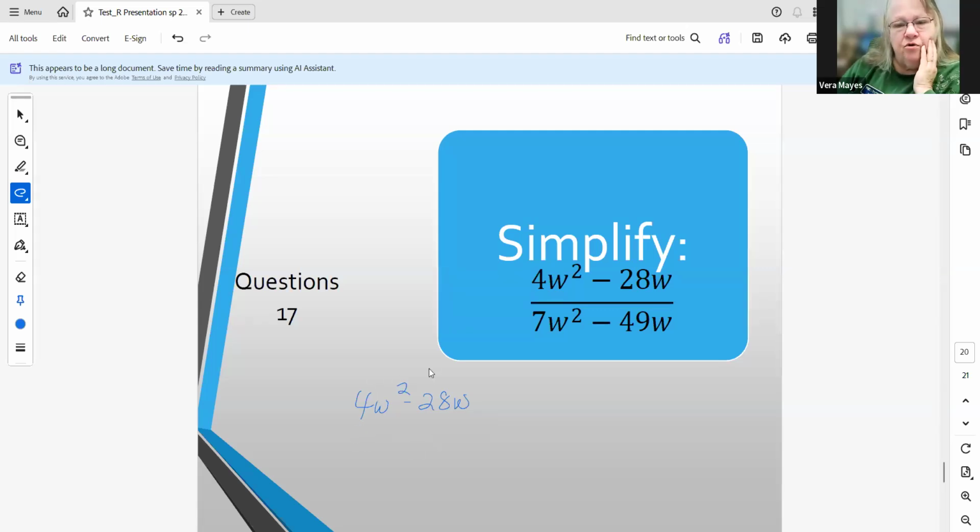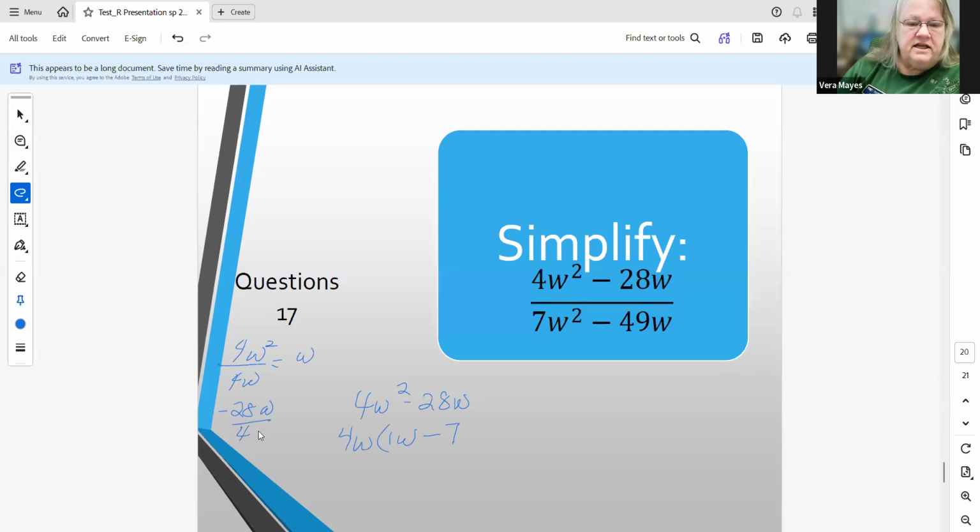Well, 4 goes into 4 and 28, so I can pull a 4 out. They both have at least one W. 4 divided by 4 is just a 1. I had 2 W's, I took 1, so there's 1 left, minus 28 divided by 4 is 7. And if you need to do this, go off to the side and ask yourself how you could reduce it. What do you get?